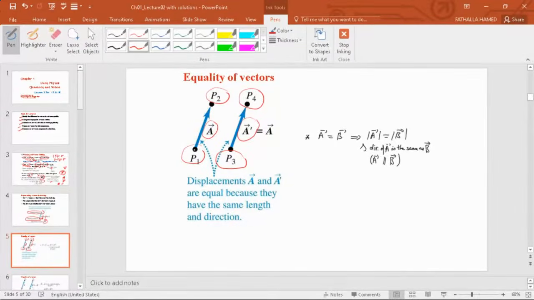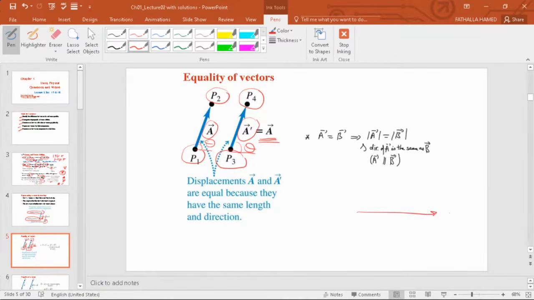And then I want to measure the angle here, and I can measure the angle here. And you can find that these two angles are also equal. So in that case, I will say that A prime is equal to A. So when the two vectors have equal magnitudes and directions, then we can say these two vectors are equal.